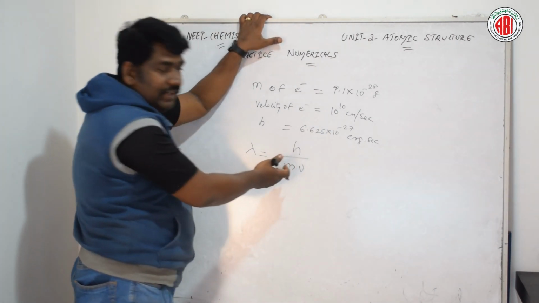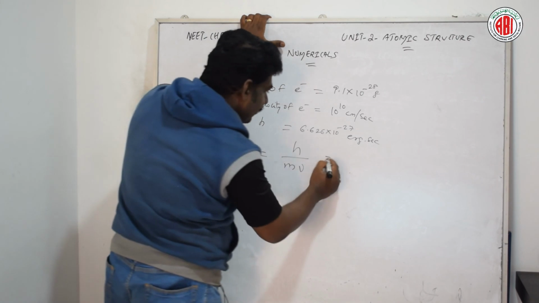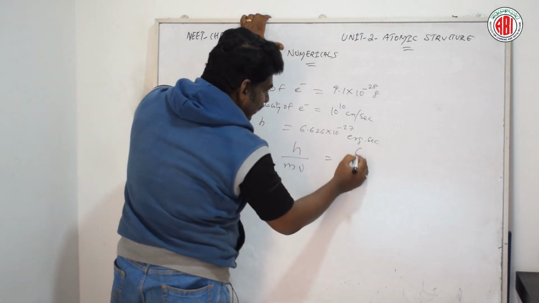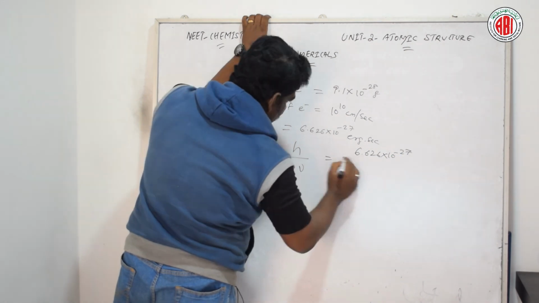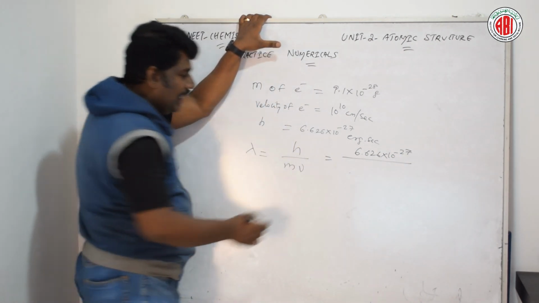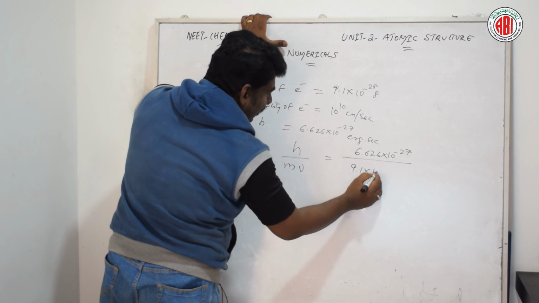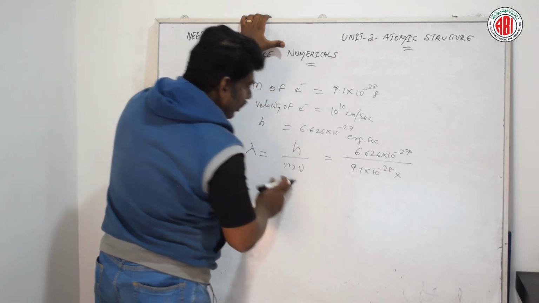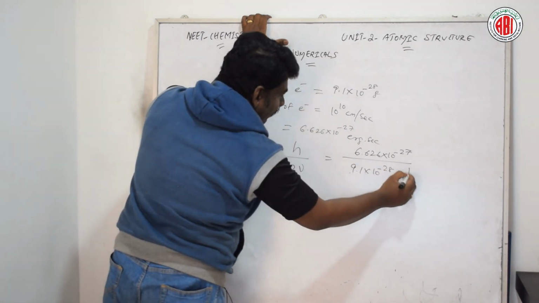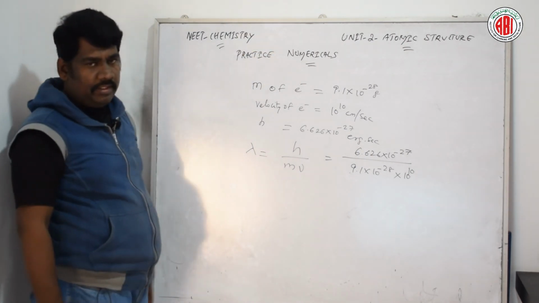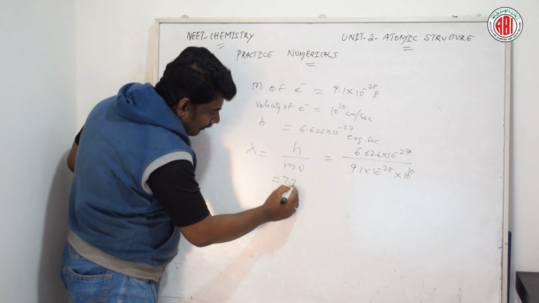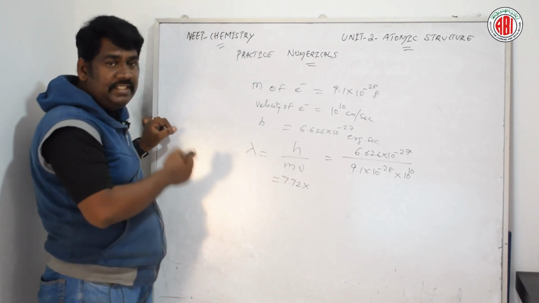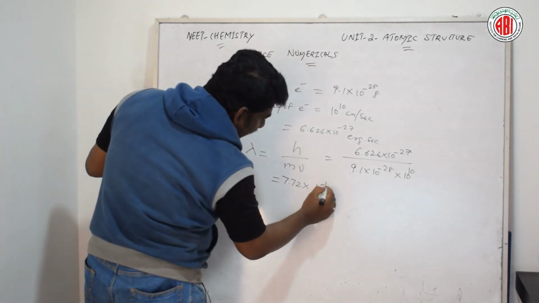Applying the values given, h is 6.626 into 10 to the power of minus 27, divided by the mass of the electron, 9.1 into 10 to the power of minus 28, into velocity 10 to the power of 10. Simplifying this, we get the value 7.27 into 10 to the power of minus 10 centimeter.